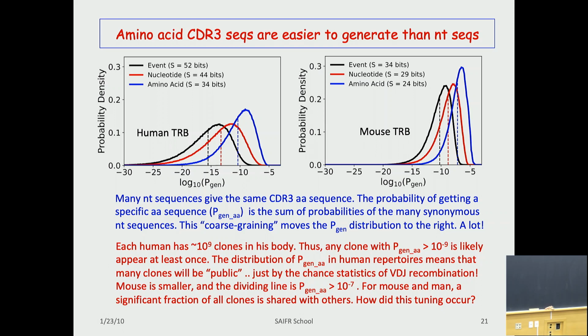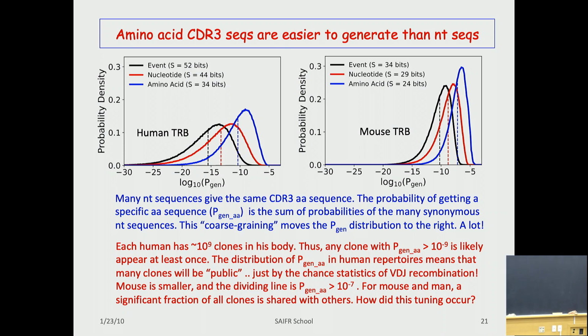So focus on the red and the blue curve. The red curve is the same thing that I showed you before, namely, the distribution of primitive generation probabilities of the productive nucleotide sequences that you see in a human sample. The blue is what happens if you add together all of the nucleotide sequences that gave a particular amino acid sequence.